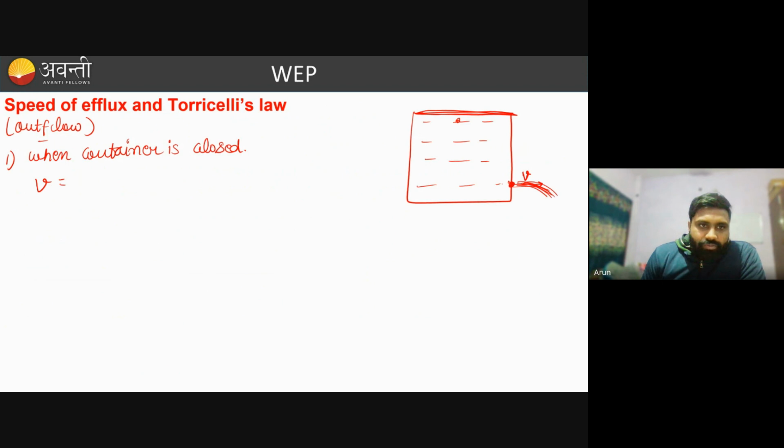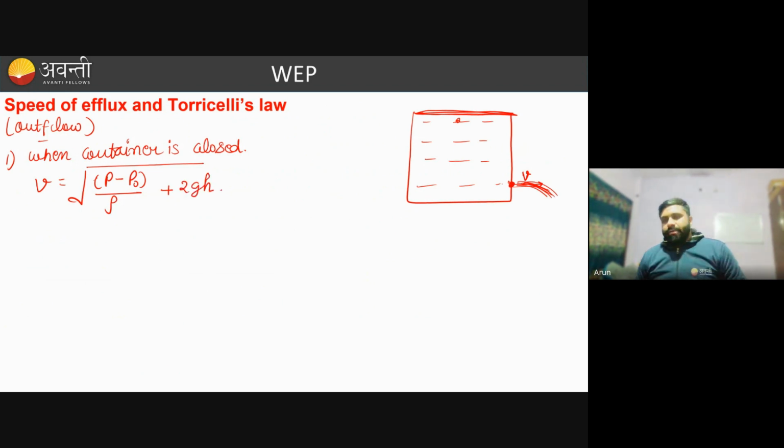So V is equal to the square root of 2 into (P minus P naught) upon rho, plus 2g. So this is the speed of efflux.